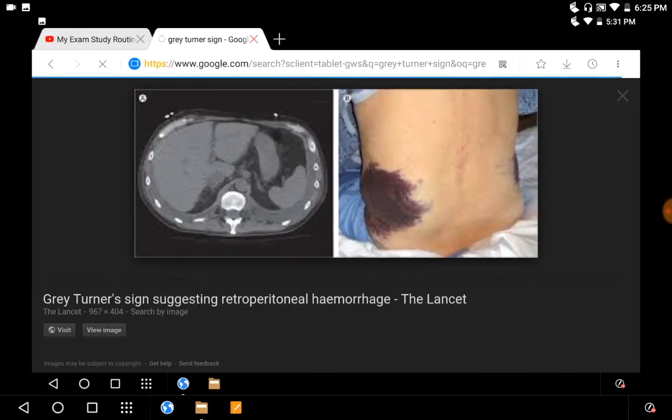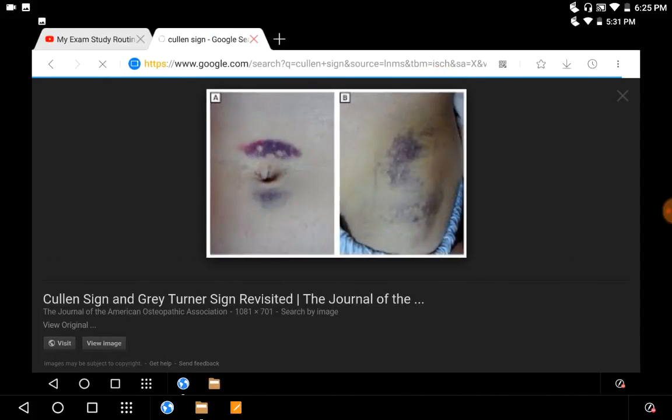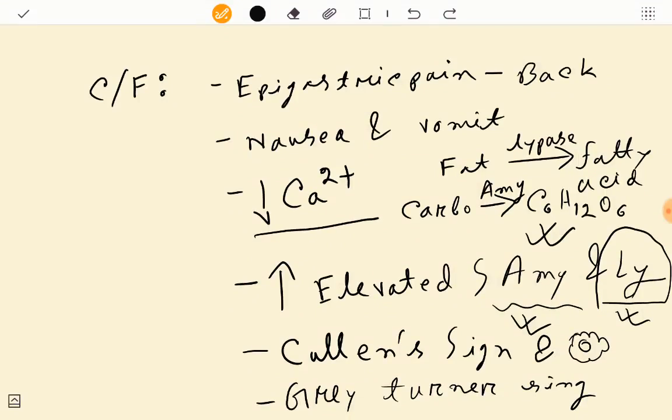And one more: you can see it's Grey Turner sign, suggesting retroperitoneal hemorrhage or bleeding. You can clearly see here. So this is Grey Turner sign and this is Cullen sign, where there is hemorrhage in the periumbilical area. Now let's jump up.